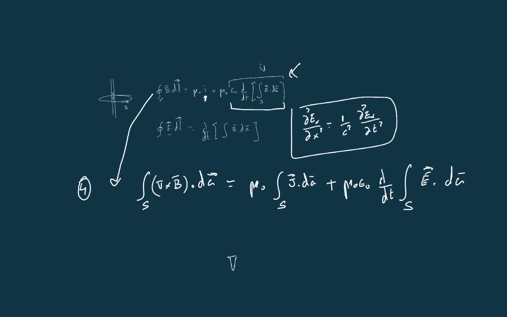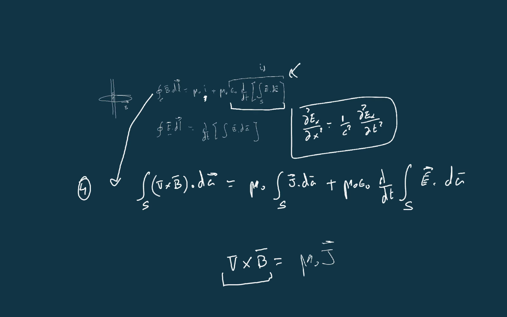It will say that the curl of B will be mu sub 0 by J. So you have B and you have the curl of B, that is a new vector field.